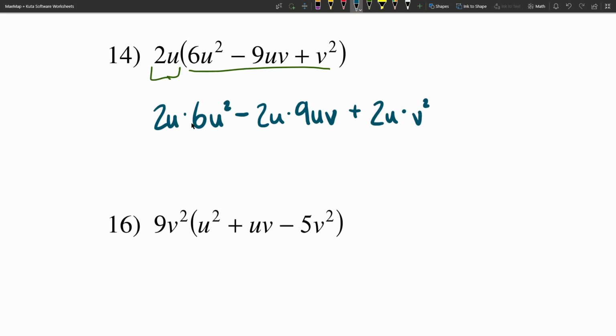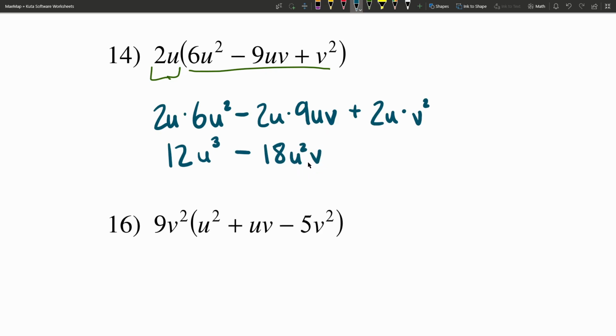So 2u times 6u squared, 2 times 6 is 12, and u times u squared is u to the third, or u cubed. And then we subtract 2 times 9 is 18, but that's also multiplied by u and v. So multiplying our two u's together, since they're the same variable, u times u is u squared, and then we still have that v.